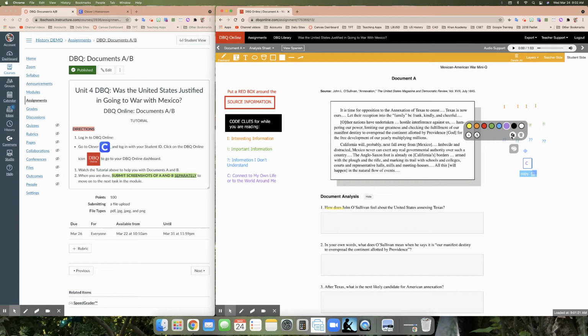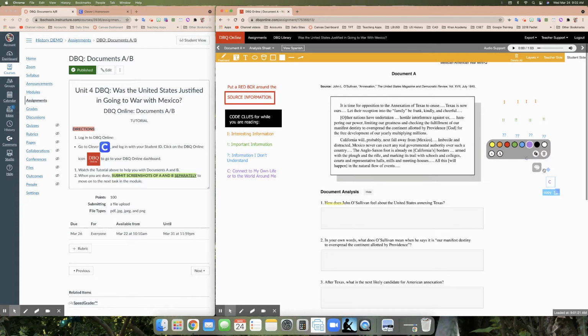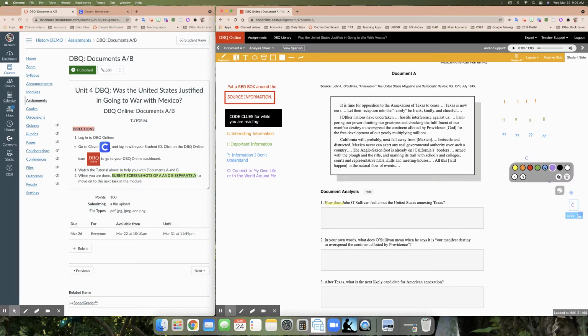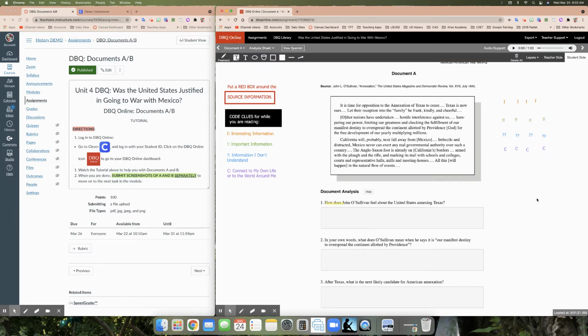So now I can copy this again 3 times. I'm going to move this over here. And then one more copy. Okay, so now I have them all set up to use while I'm reading the paragraph.